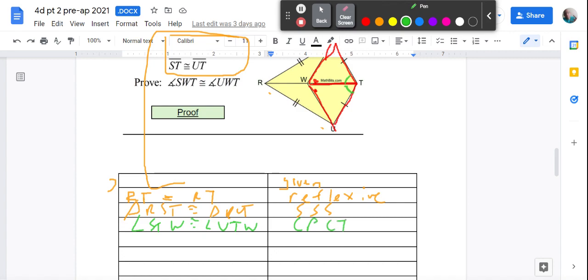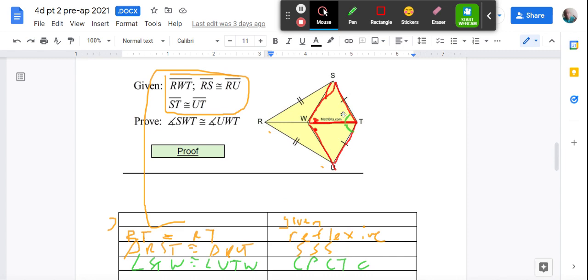Corresponding parts of congruent triangles are congruent. These two little green angles right here are congruent because they are corresponding parts of these two big orange triangles right here that we just proved congruent, RST and RUT. Okay, so that little green angle STW and that little green angle UTW are going to be congruent by that.